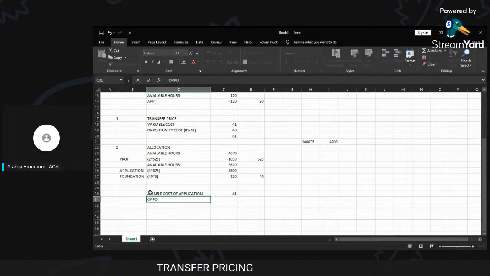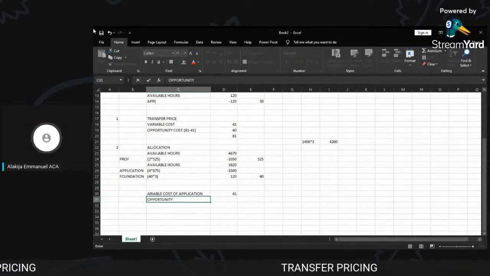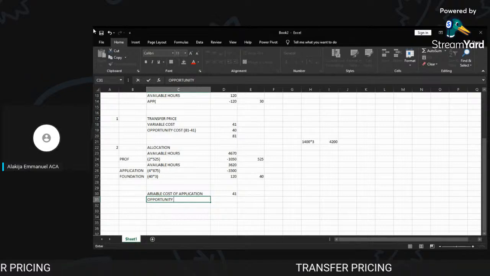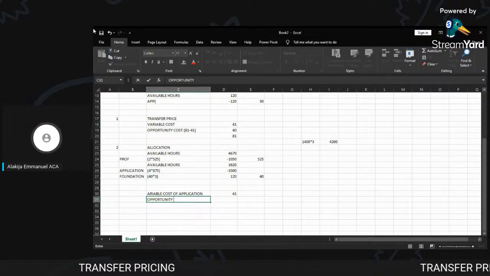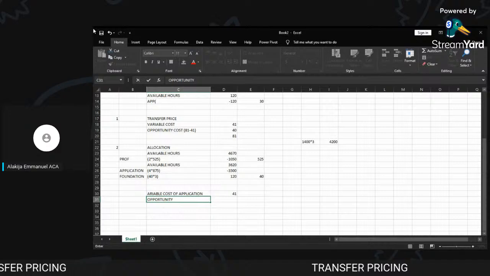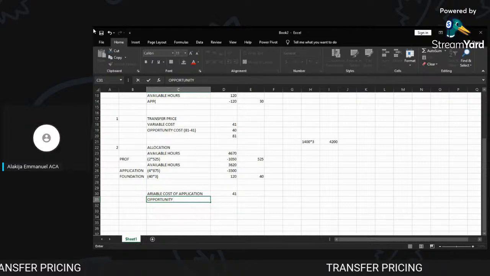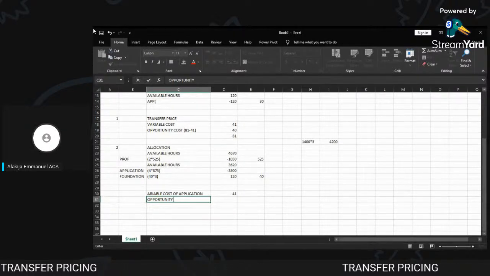Now the opportunity cost here is that application can meet its demand to the external market, but for us to be able to produce that special order, we have to deprive foundation the 120 hours it can use to produce for the external market.